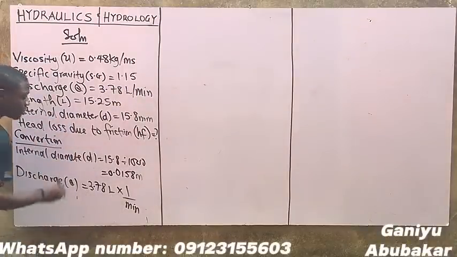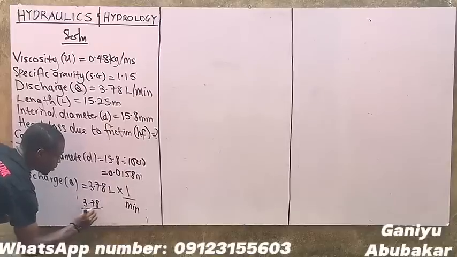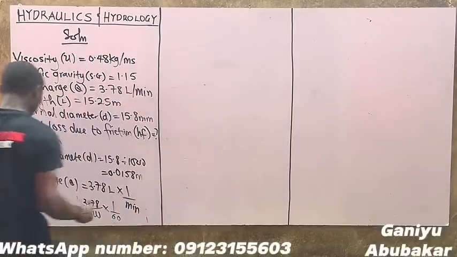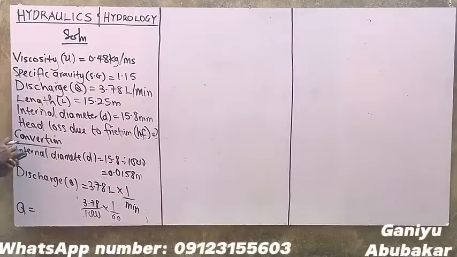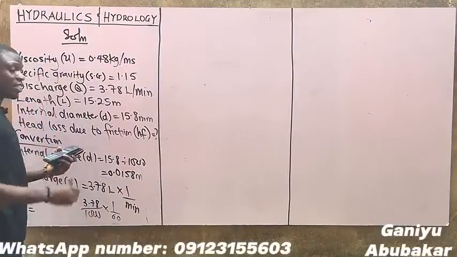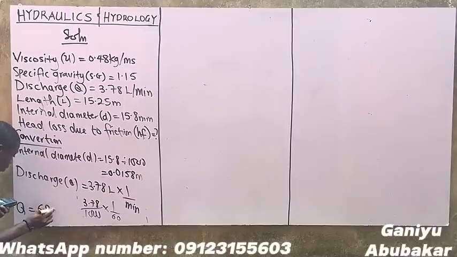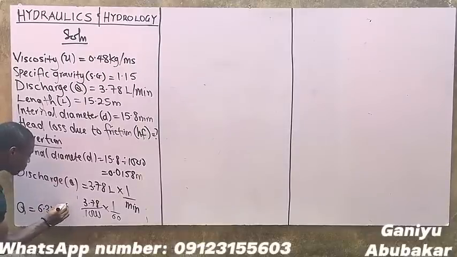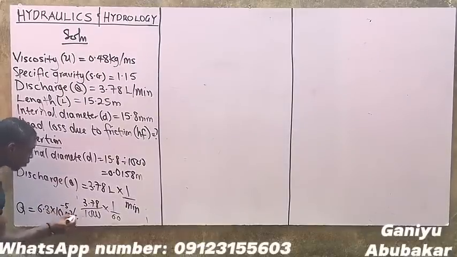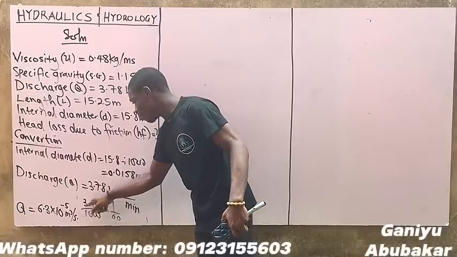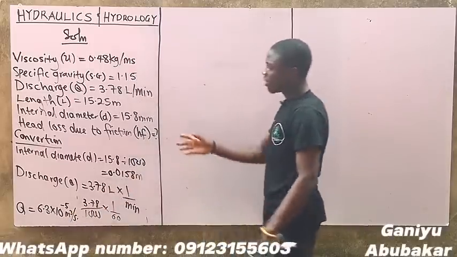Convert liter to meter cube by dividing by 1000, and minute to seconds by dividing by 60. Multiplying these gives 60,000. So Q equals 3.78 divided by 60,000, which is 6.3 times 10 to the power minus 5 meter cube per second. I've converted what I need to convert.